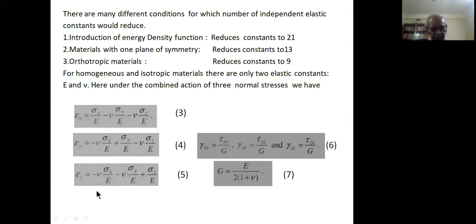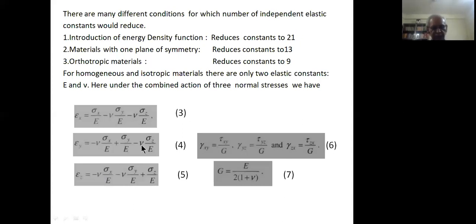Similarly, epsilon z, the strain in the z direction: the only positive part will be sigma z by E, and the other two will be negative, minus nu sigma x by E minus nu sigma y by E.